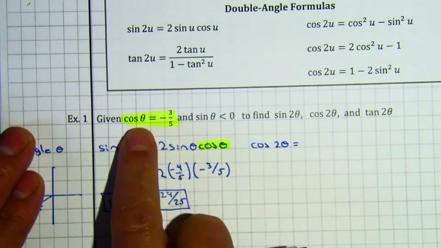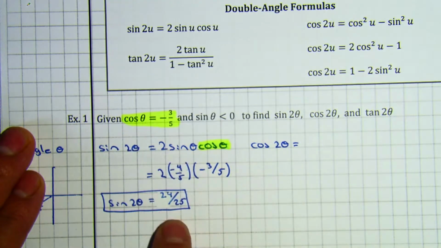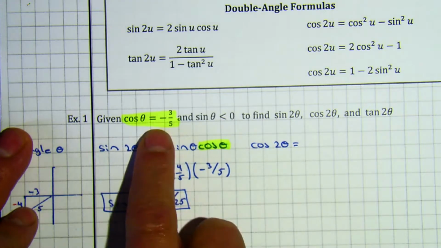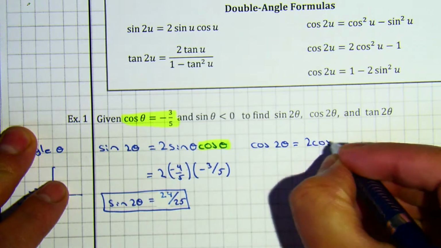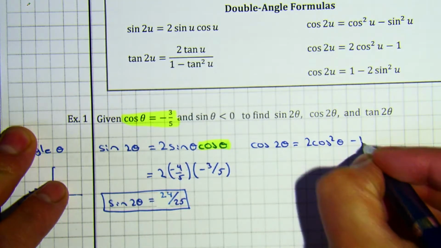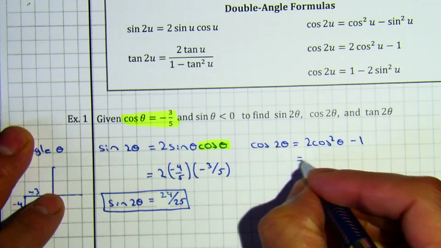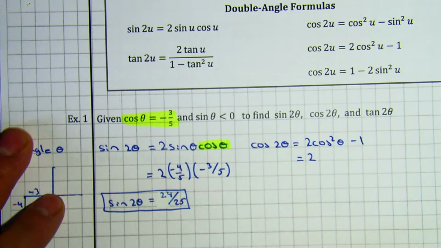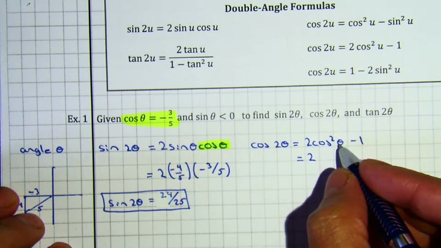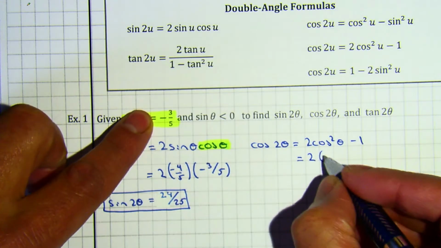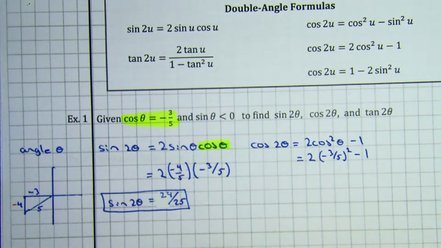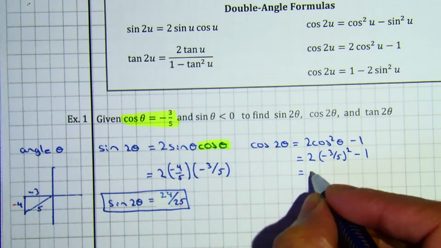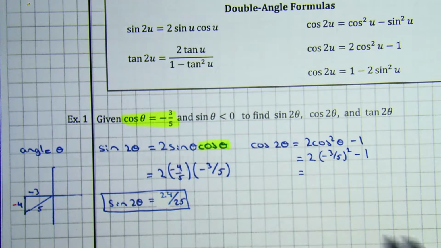Well, because they give us cosine, just in case there's an error in the process that we did, we can use the second equation. So that will be 2 times the cosine of theta, which is negative 3 over 5, squared, minus 1. And now we just need to be able to simplify it. So simplify, see what you get, and then we can compare our answers.